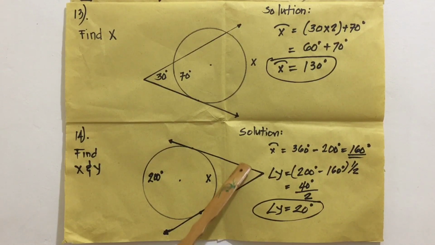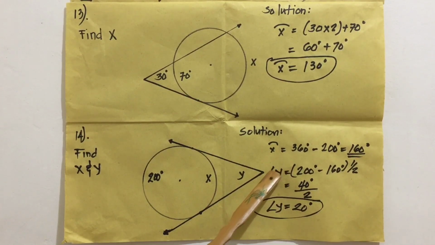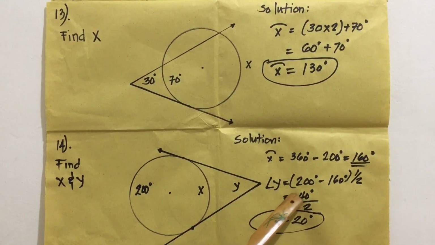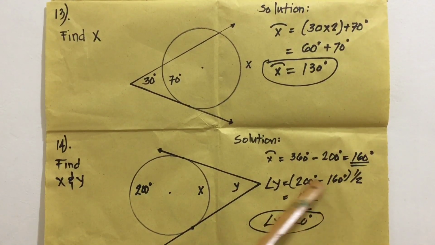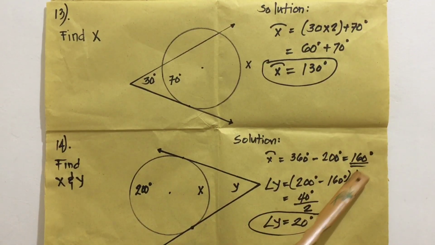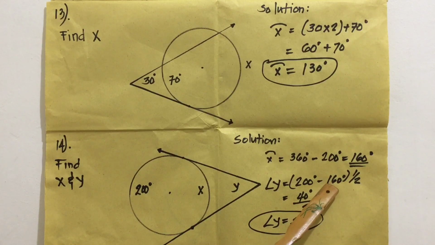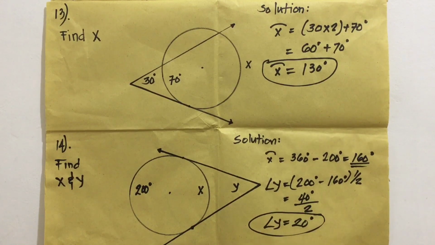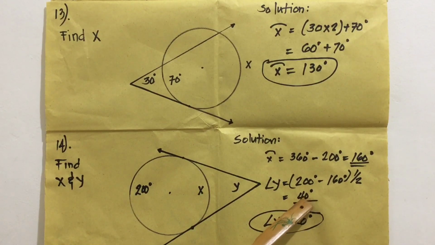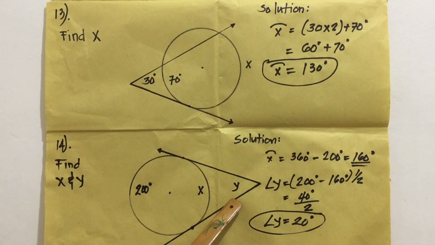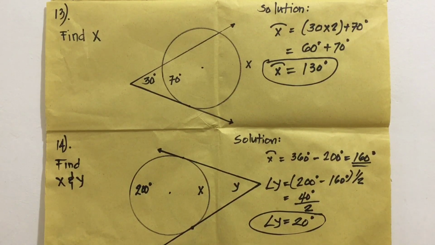And for angle y, our solution is 200 minus the value of x, which is 160. The difference is 40 times 1 over 2. Then we divide 40 degrees by 2 equals 20 degrees. So the measurement of this angle is 20 degrees.